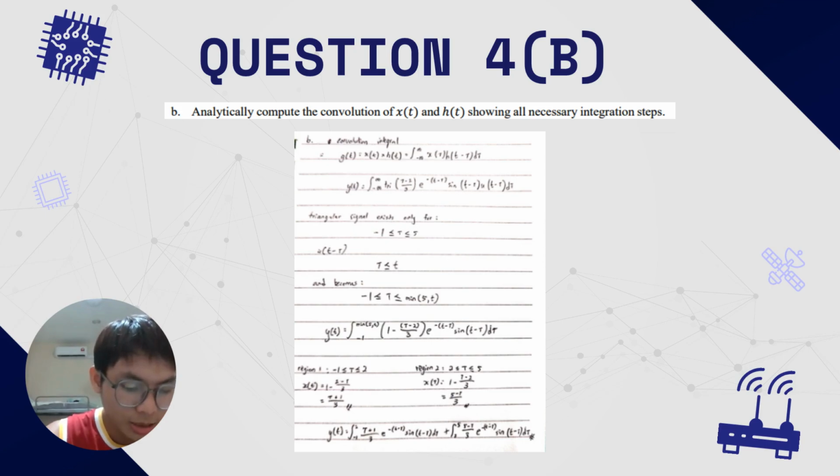And the triangular signal exists only for negative 1 less than or equal to t less than or equal to 5.